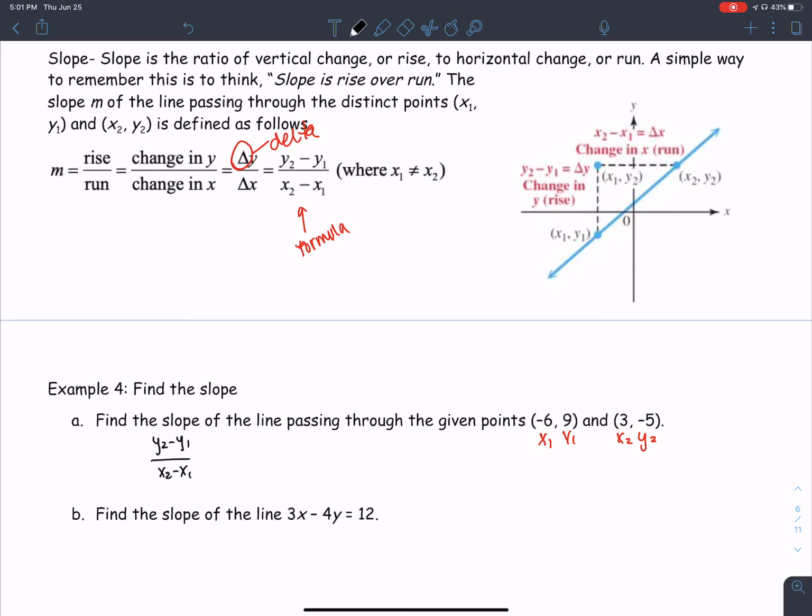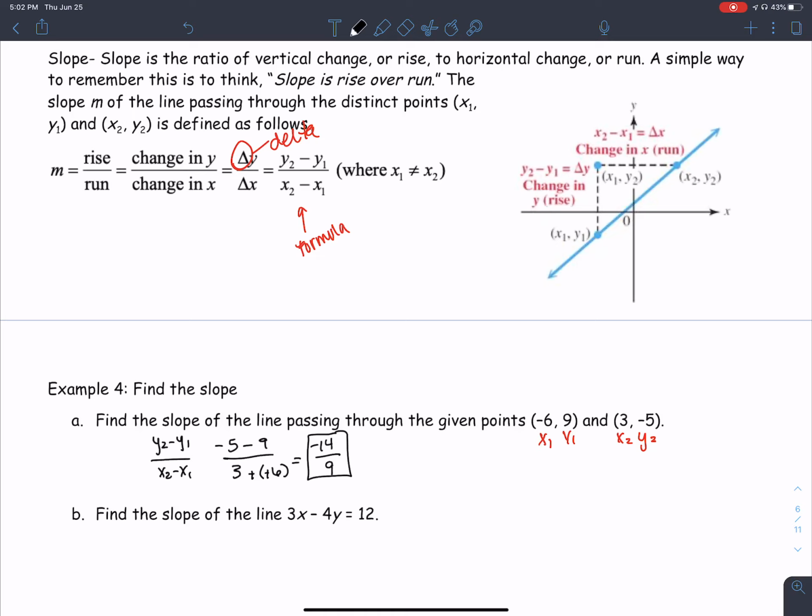So y2, -5, minus y1 over x2 minus x1. Okay, so we're going to subtract. -5 minus 9 is -14 over 3 minus -6, so that becomes plus positive, and we get 9. So -14 over 9 is my slope.